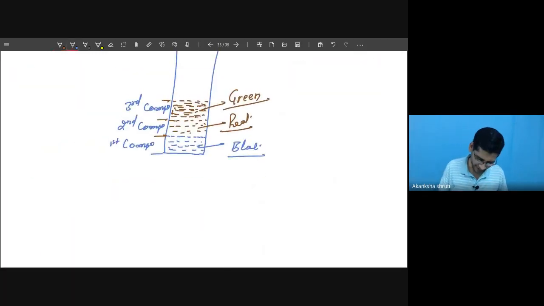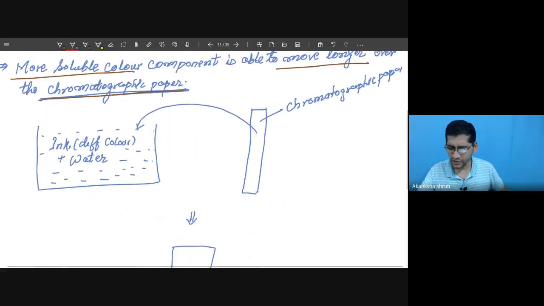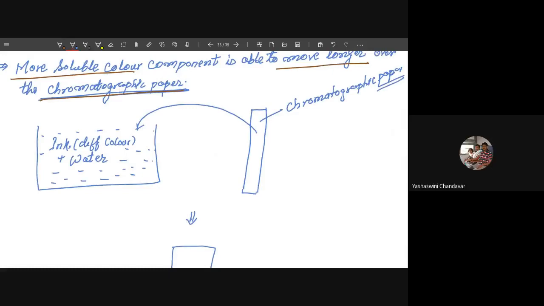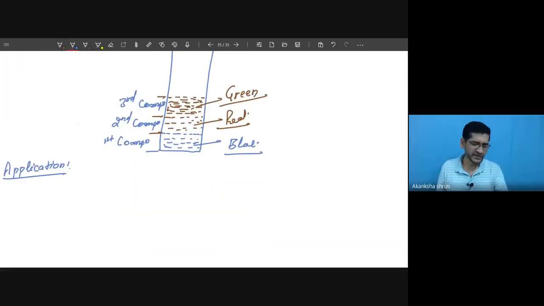Now where is the application? So write down the application. So how is this used? I think you are getting this. So this is the chromatographic paper. Colors in the dye are important. Yes, the very first application is that colors from the dye, or colors in a dye, are separated. The dye contains different colors.